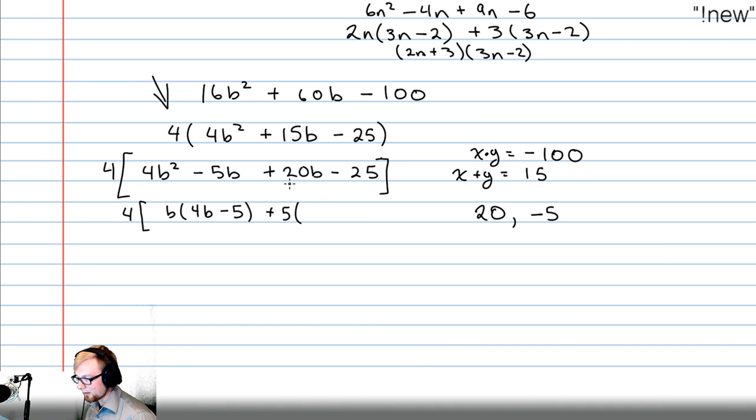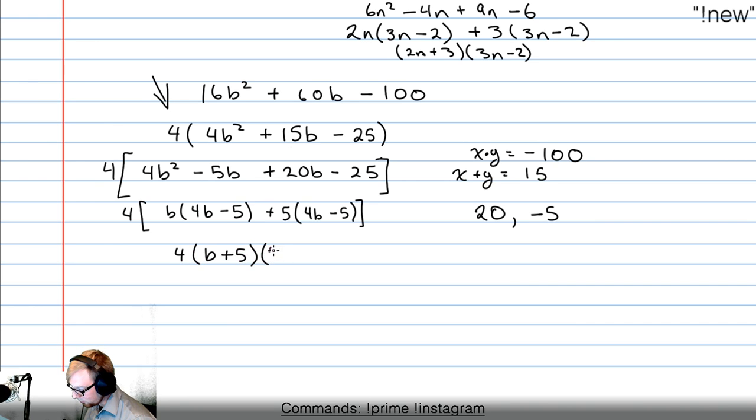What's a common factor between 25 and 20? 5. Yeah. Not 4. 5. So I should have 4b here minus 5. Okay, so we have 4 open bracket, open parenthesis, b plus 5, close parenthesis, open parenthesis, 4b minus 5, close parenthesis, close bracket.